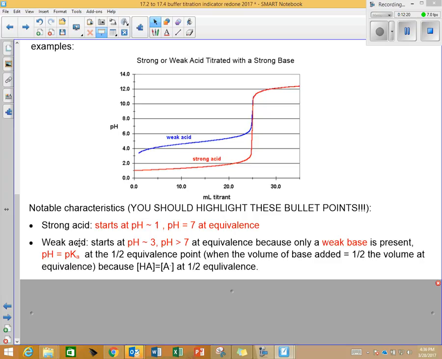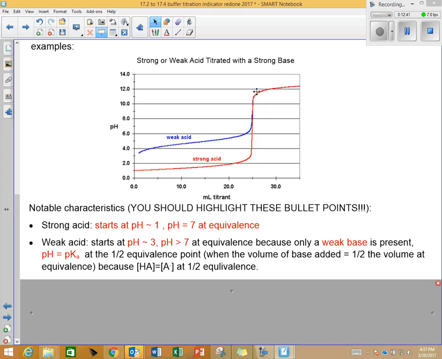If you have a weak acid with a strong base, the pH usually starts somewhere around 3, but as long as you're starting above 2 and below 7, you're starting with a weak acid. So when I say approximately 3, it should be less than 7 and more than 2. Notice the equivalence point.